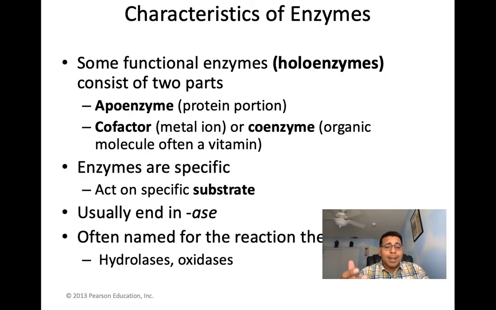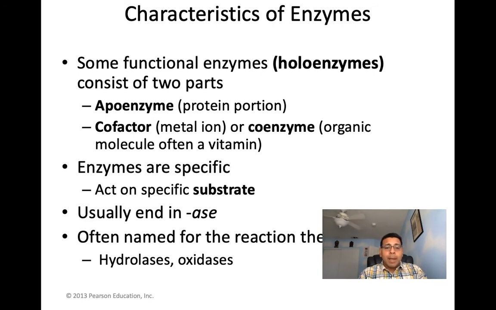I'd like you to know enzymes are going to contain two parts. One is an apoenzyme, that is the protein portion. And a cofactor, or coenzyme, we can say. The cofactor or coenzyme can be an ion or an organic molecule that's needed to assist in the reaction.